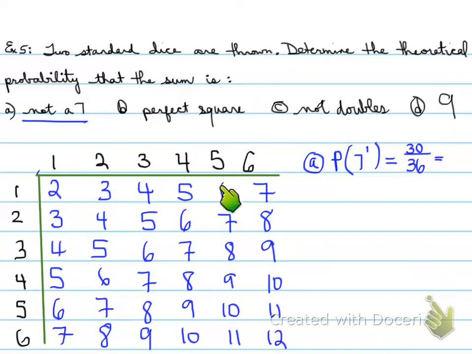Well, there are 36 here altogether. 1, 2, 3, 4, 5, 6 out of 36 are 7s. We want the complement, so it's 1 minus 6 out of 36 sevens, which is 30 over 36, which reduces to 5/6.